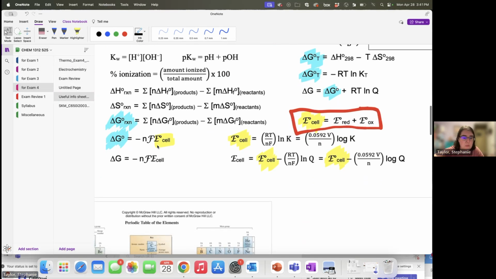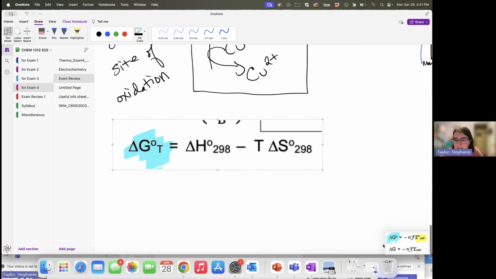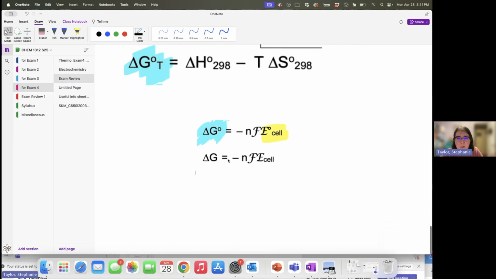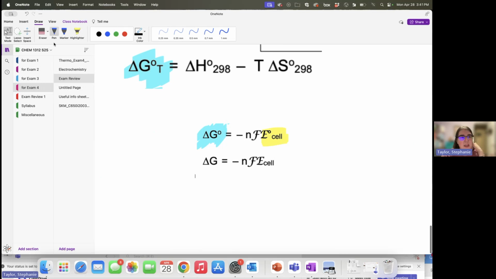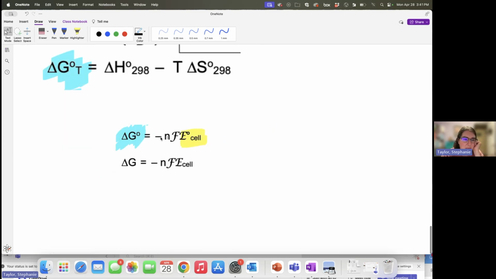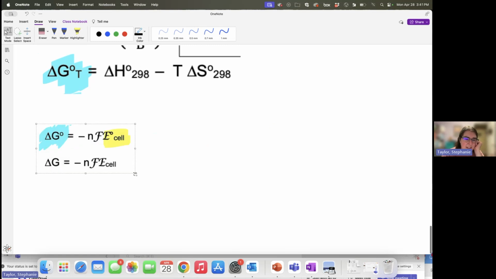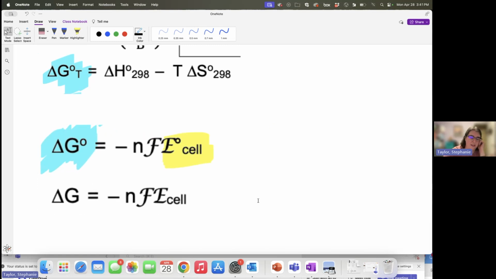So basically what made me honestly a little bit startled is the fact that for one equation we have it written out rather obviously when it comes to dealing with E-cell, this notion of here is my standard and here is my standard and there is no standard here and there is no standard here.